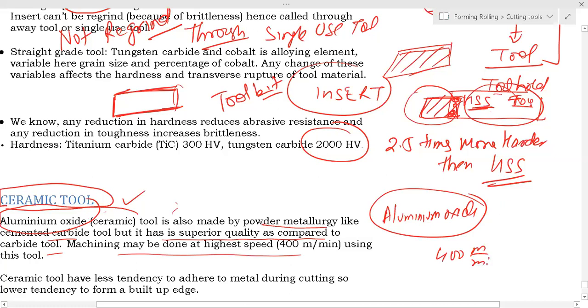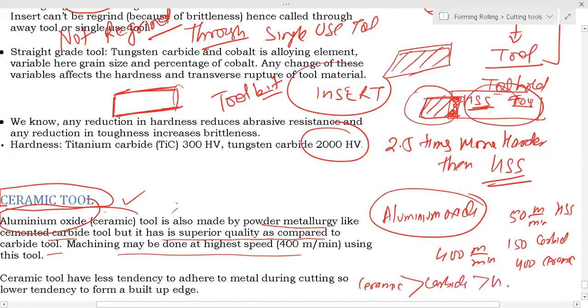So you have 50 meter per minute for high speed steel, 150 for carbide, and 400 for ceramic. So your ceramic speed is greater than carbide, which is greater than high speed steel.